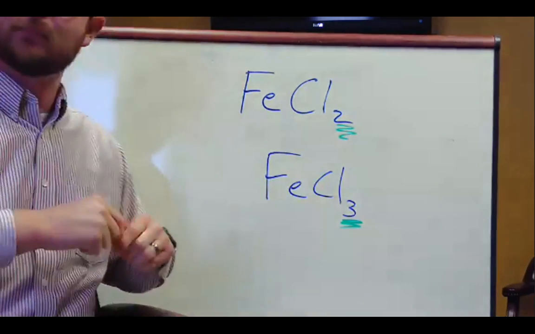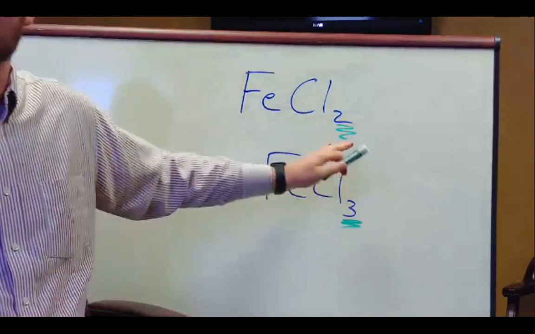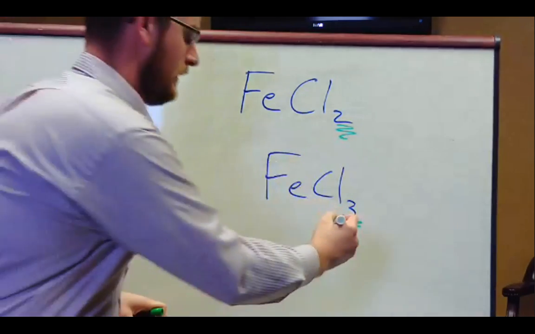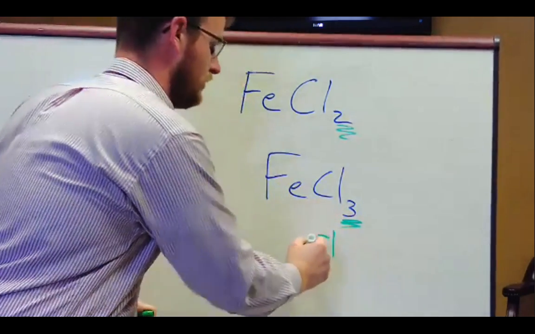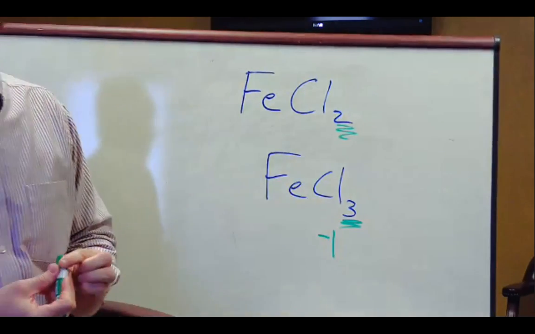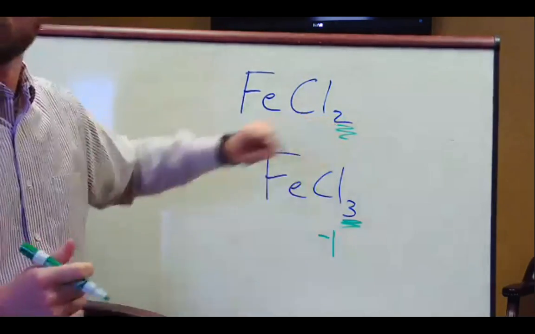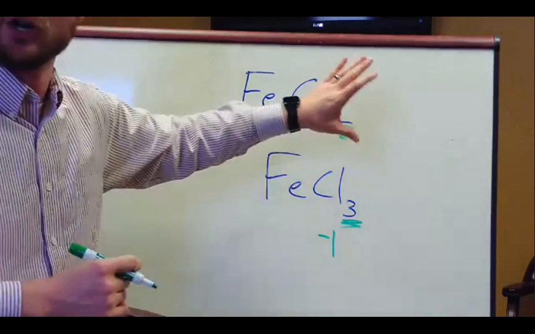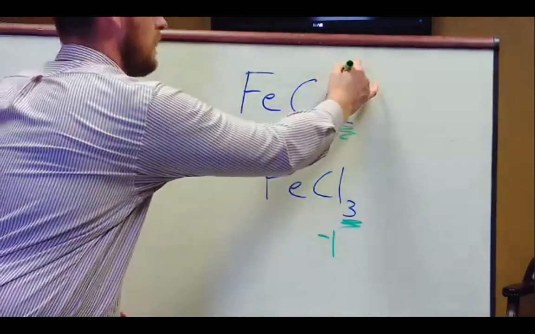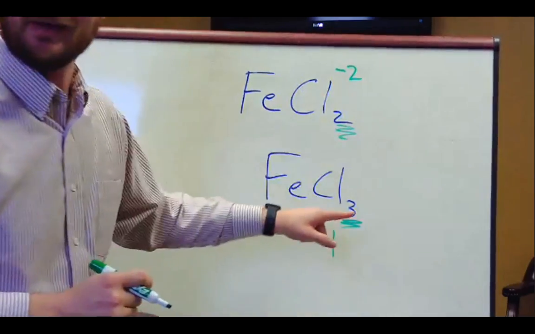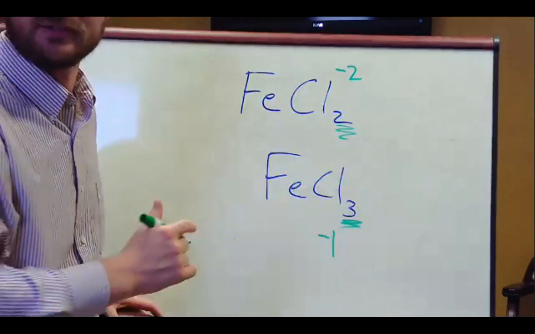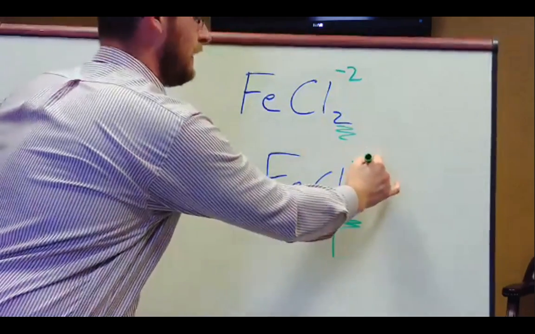Because if you remember, what did we say the charge of chlorine is? That's right, it's a -1 charge. Well, how many chlorines do we have up here? Well, we have 2. What's the total negative charge of these chlorines? It's -2. What about down here? What's the total charge of these chlorines? -3.